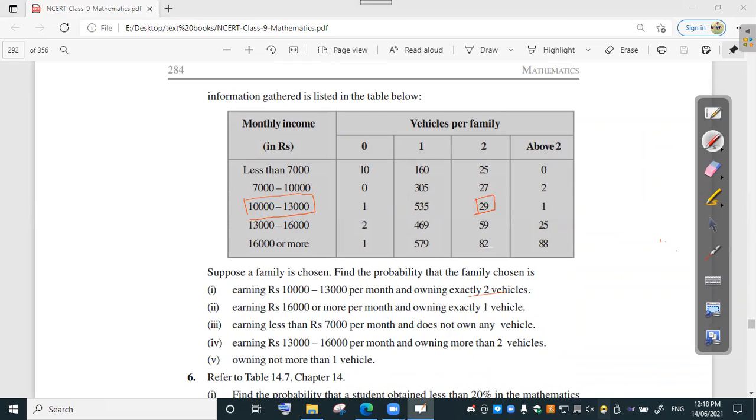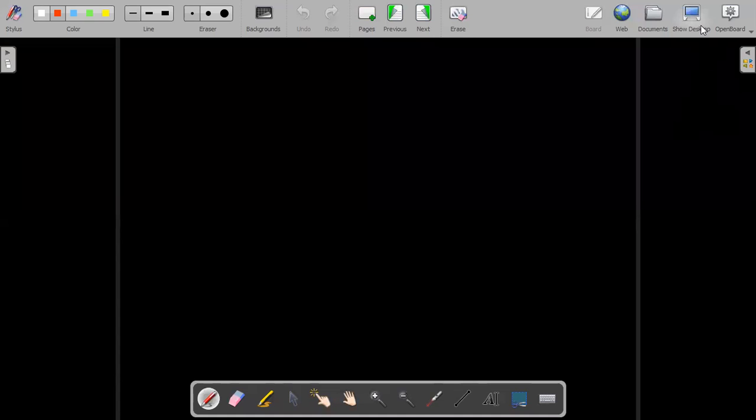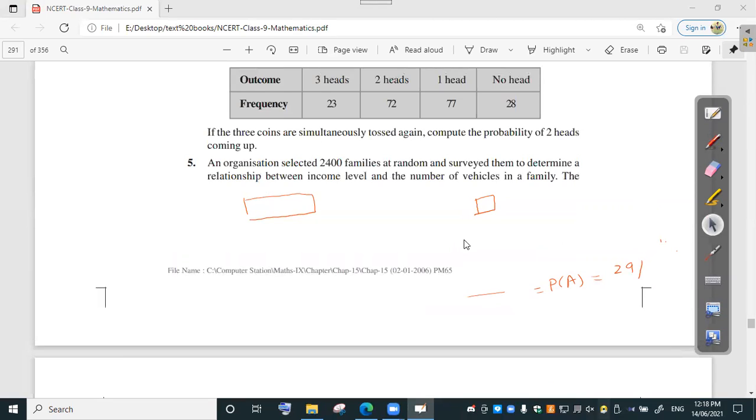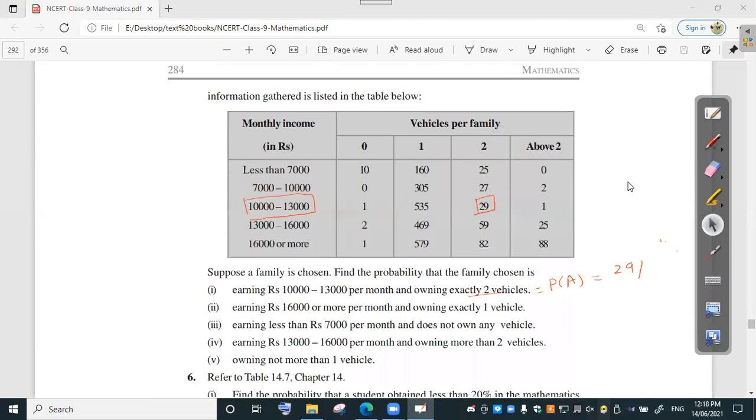So the probability of this event, let's say A, will be equal to 29 upon the total number, which is 2,400. 29 upon 2,400.